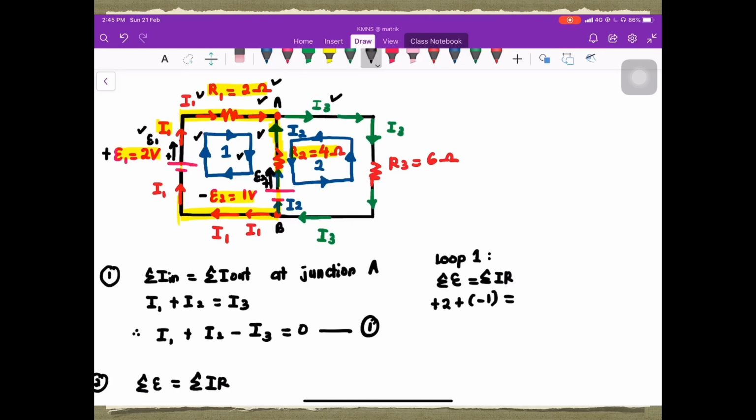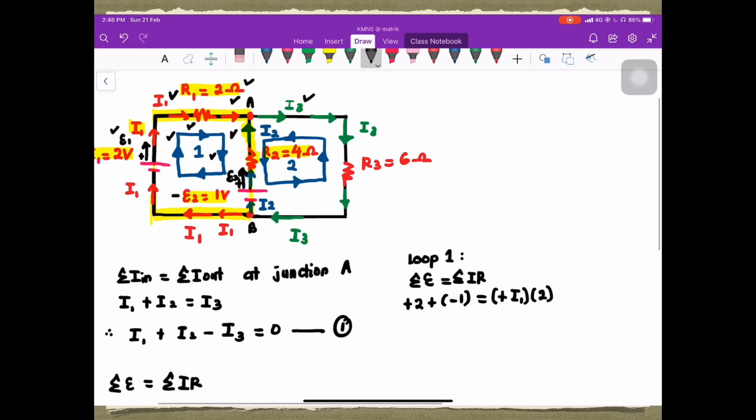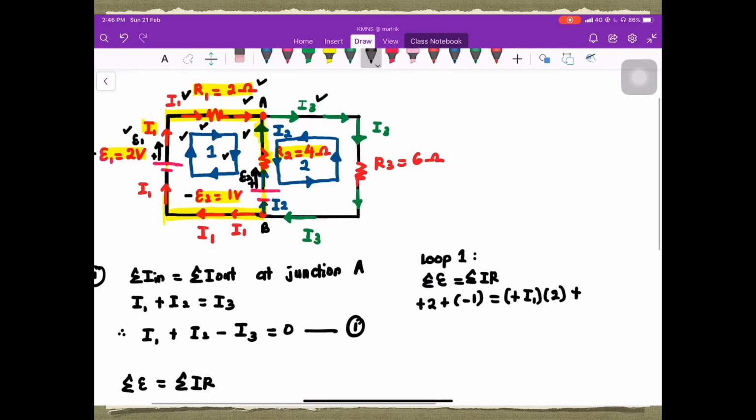Check the direction of I1 compared with the nearest loop: right and right, so this is positive I1 times 2 ohm, R1. Plus, what about this one? R2, and the current flowing through R2 is I2.